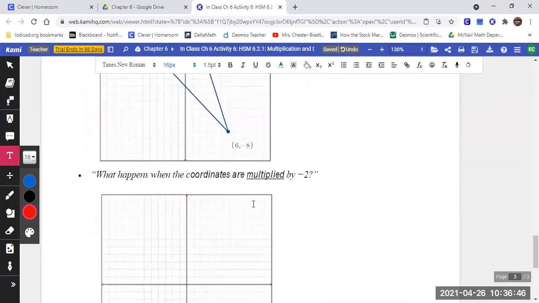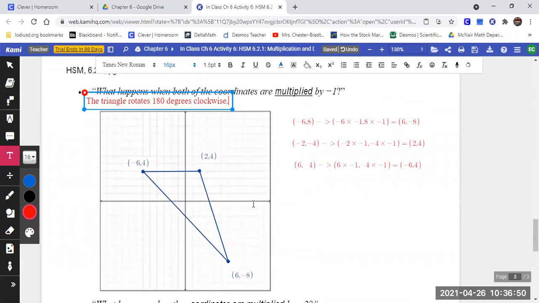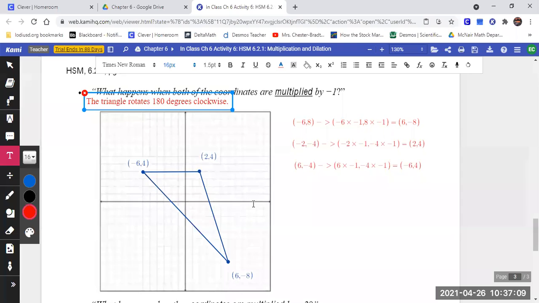This is multiplying times a -2. So what do we think is going to happen? If we pull the concepts together, the negative part is going to make it do what? What did we just figure out? The negative part does rotate, yes, 180 degrees.